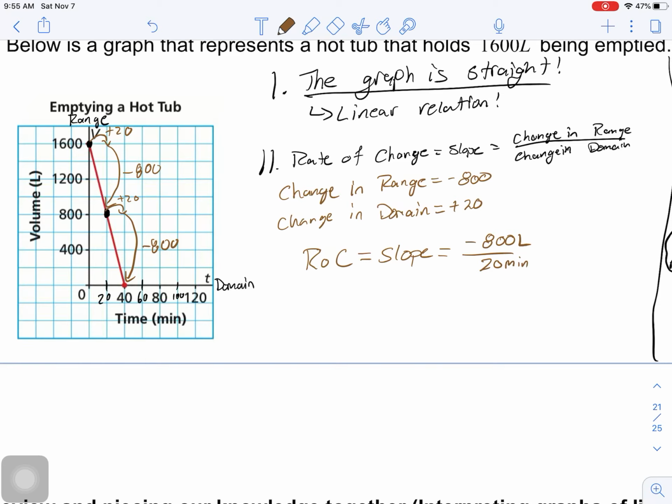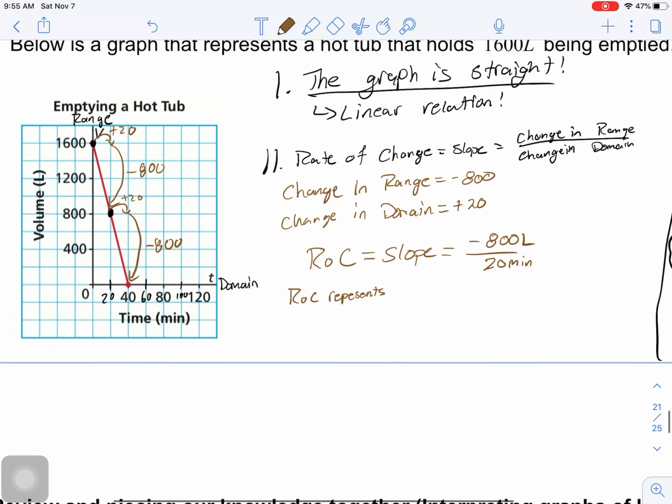Okay, so you could actually stop there and say that the rate of change represents, and here we can see it's minus 800. So this is losing 800 liters every 20 minutes. So it represents a loss of 800 liters every 20 minutes.